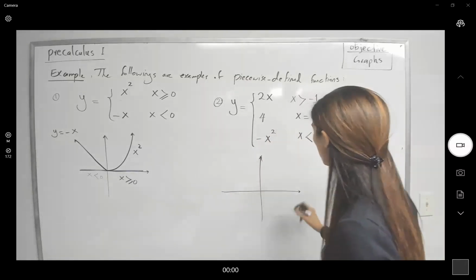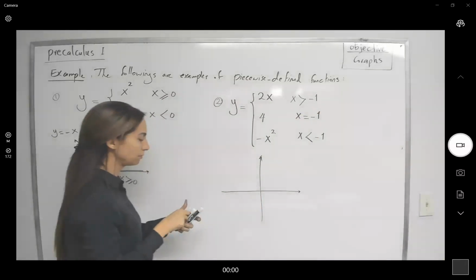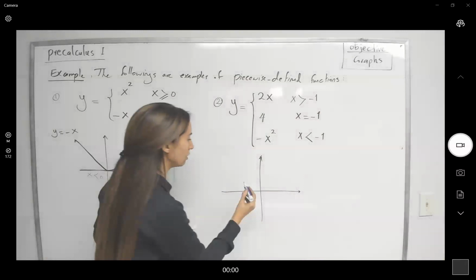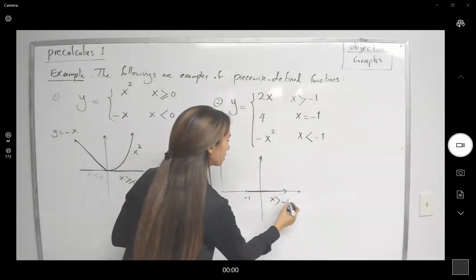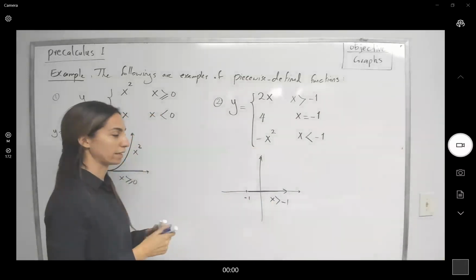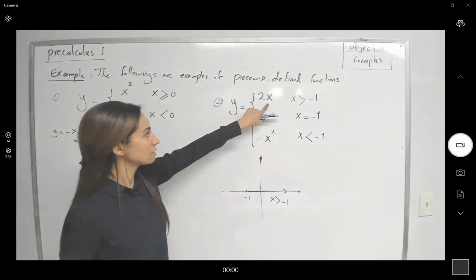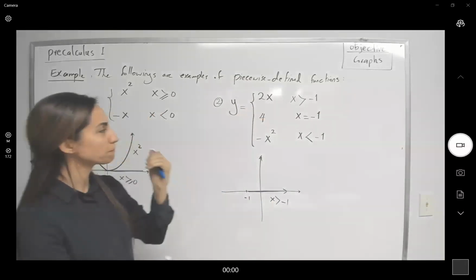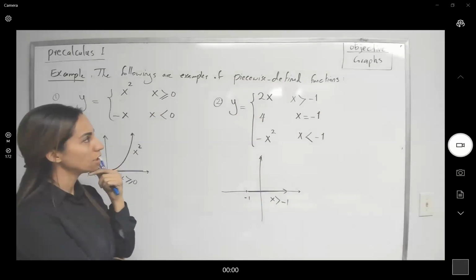It says, well, if x is larger than -1, there is -1. -1 is just right here. Larger than -1, what do I have? I have 2x. 2x, if I plug in, for example, 0, what do I get? I get 0. If I plug in -1, I get -2.